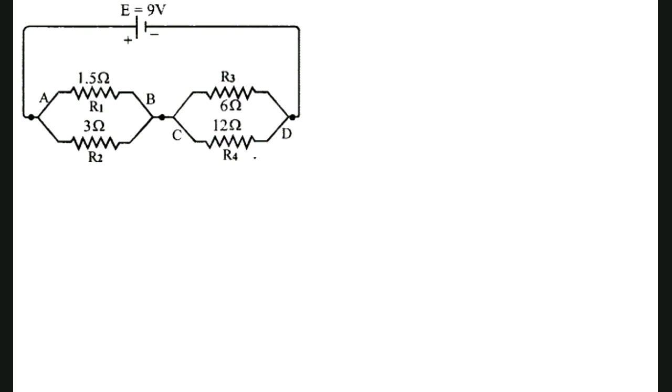Now what do you mean by this? This is not a simple loop. This circuit is complicated, right? So what is the way? We have got a battery, correct? Yes or no? We have got a battery.